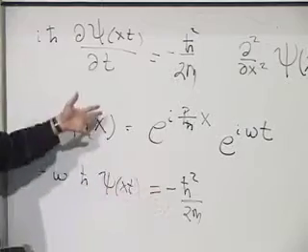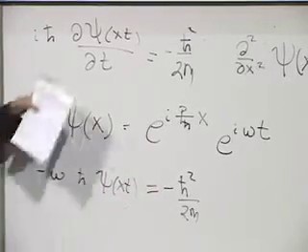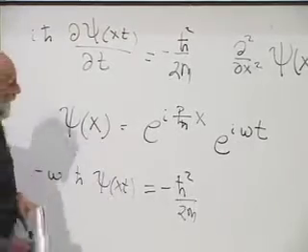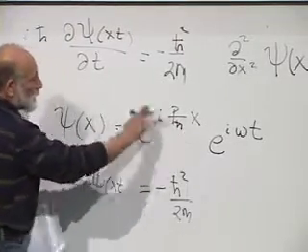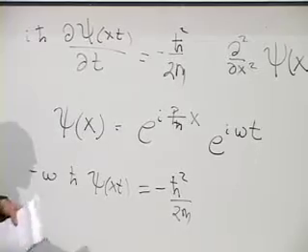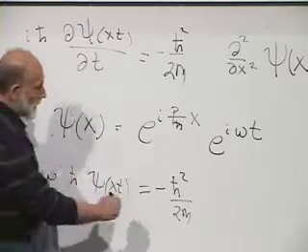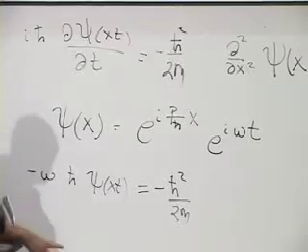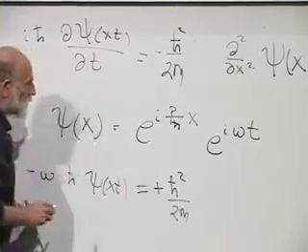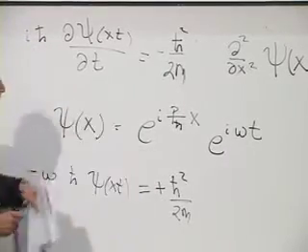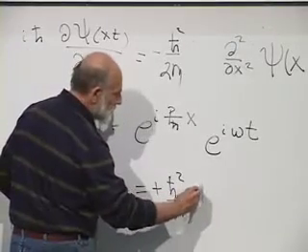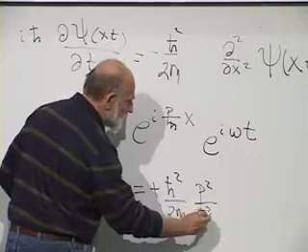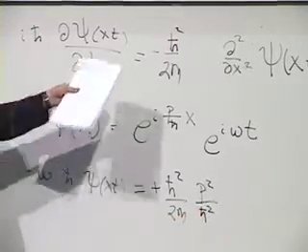We'll do it in this form. Now, what is the second derivative of psi? The second derivative of psi just contains this factor squared, i p over h bar squared. So that gives me i squared is minus 1. That turns this minus sign into a plus sign. It gives me p squared over h bar squared, and then just psi again.